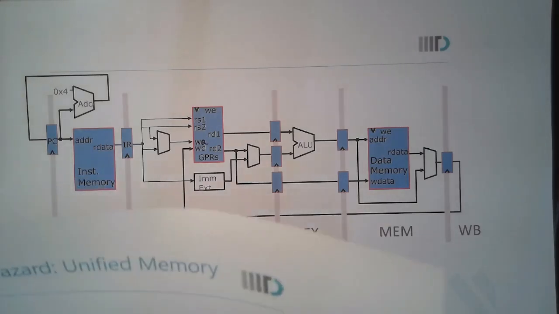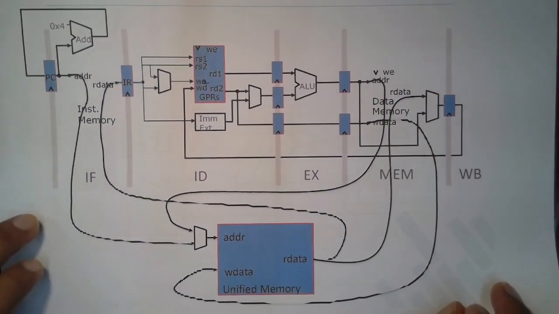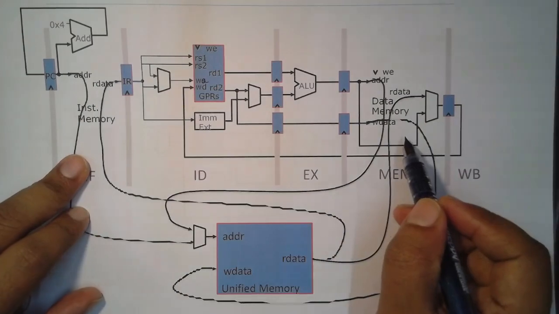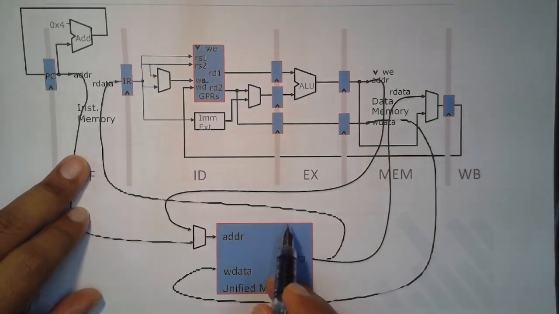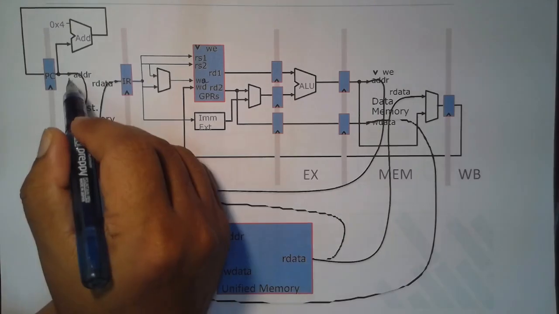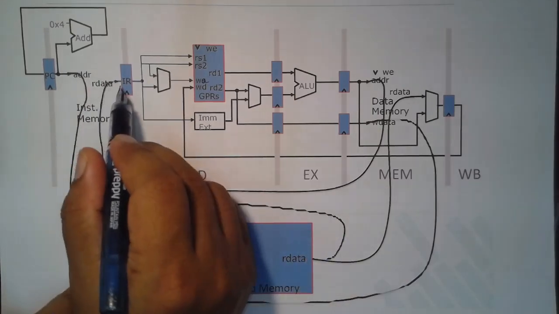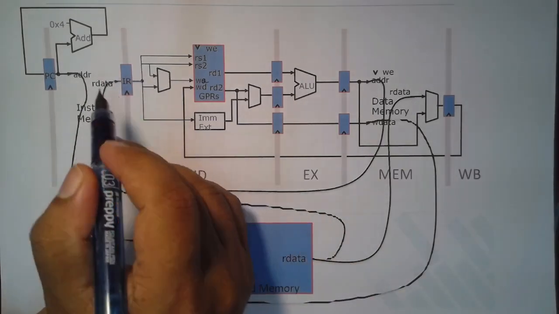So we have just modified this block diagram and replaced the independent instruction and data memories with a unified memory here. Now you see that whenever an instruction needs to be read, the address comes here, and then you read the data, and the 32-bit instruction goes back to the instruction register.